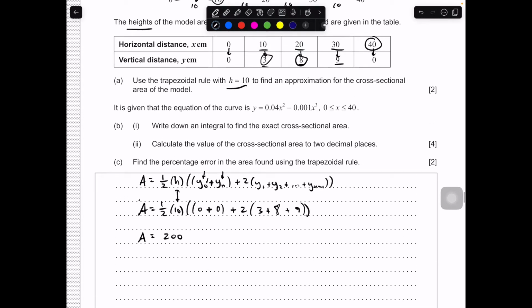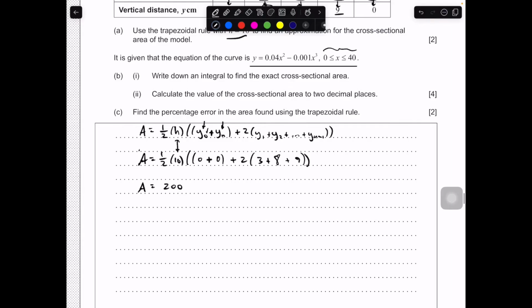All right. It is given that the equation of the curve is y equals 0.04 x squared minus 0.001 x cubed for this range of values, or for this domain rather. Write down an integral to find the exact cross-sectional area.